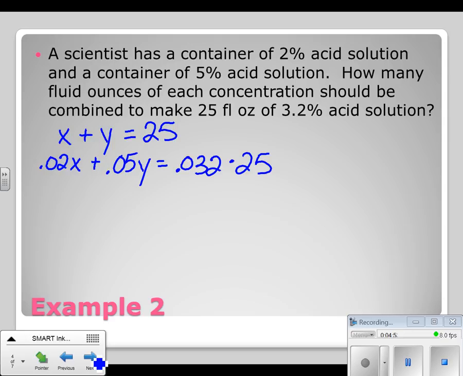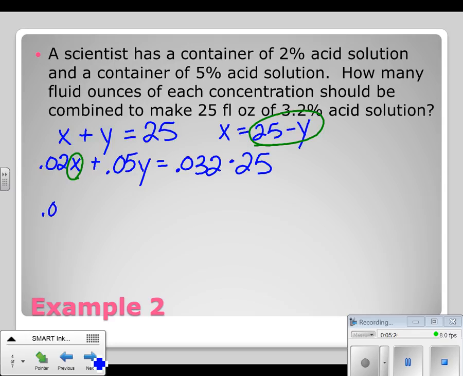In our first equation, it's really easy to get one of the variables all alone. So I'm going to get the x all alone. So x would equal 25 minus y. If I'm saying that the x right here is 25 minus y, I'm going to replace that in the other equation. So I'm going to use substitution.